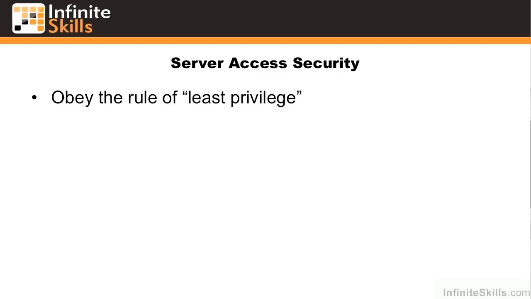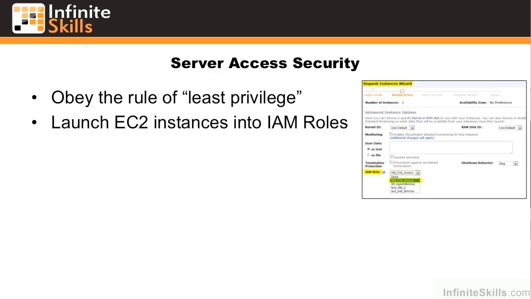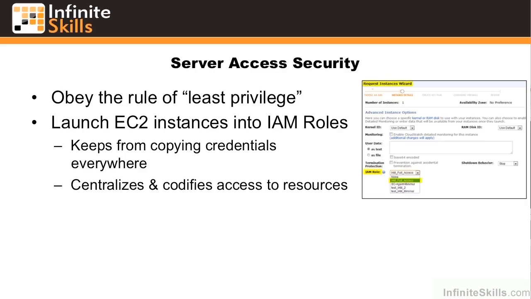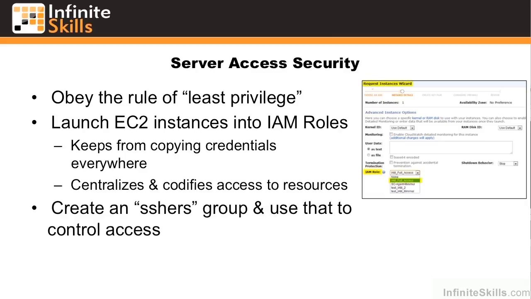When we talk about server access security, again, we're going to want to obey the rule of least privilege. Try to launch EC2 instances into IAM roles. This keeps you from copying credentials all over the place, and it centralizes and codifies the access to your backend AWS resources. Something I really like to do is create an SSHers group and use that to control access.